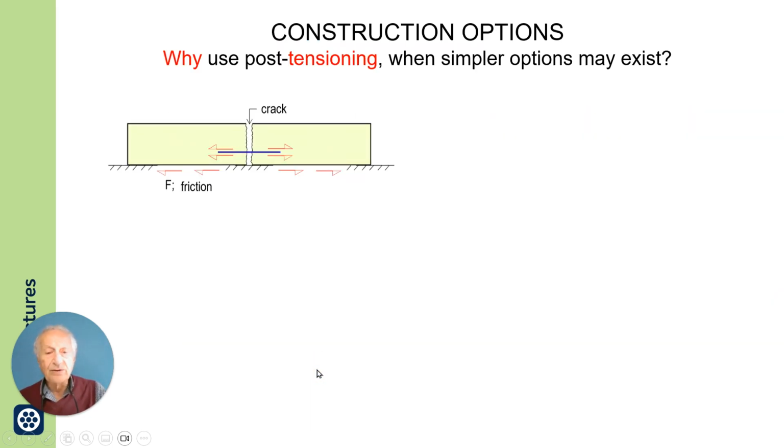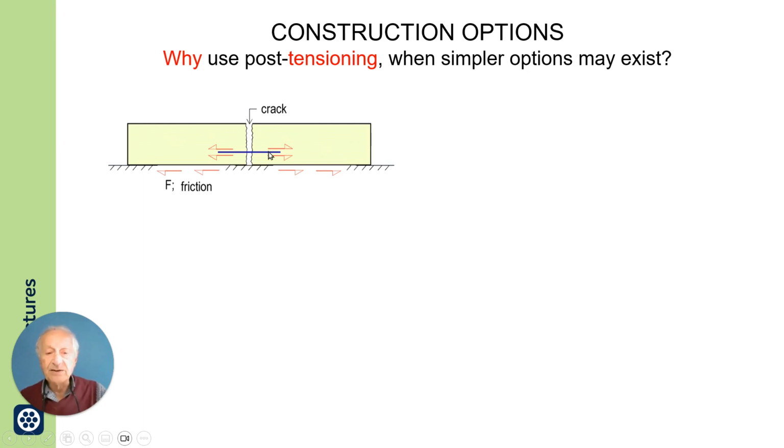So I like to draw your attention a little bit on cracking and shrinkage. Here, if you have slab supported on ground and it is not post-tensioned, shrinkage will result in cracking.